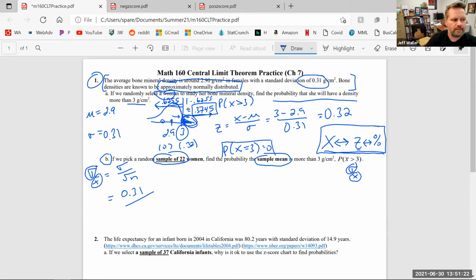Well, what is it? The probability came out to be, did we figure it out, yeah, there it is, Jeff. About 37.5%, right? Isn't that still quite high of a percentage? Yeah, there's a 37.5% of all women, I guess I didn't give an age reference, of all women have a bone density greater than 3 grams per centimeter squared.